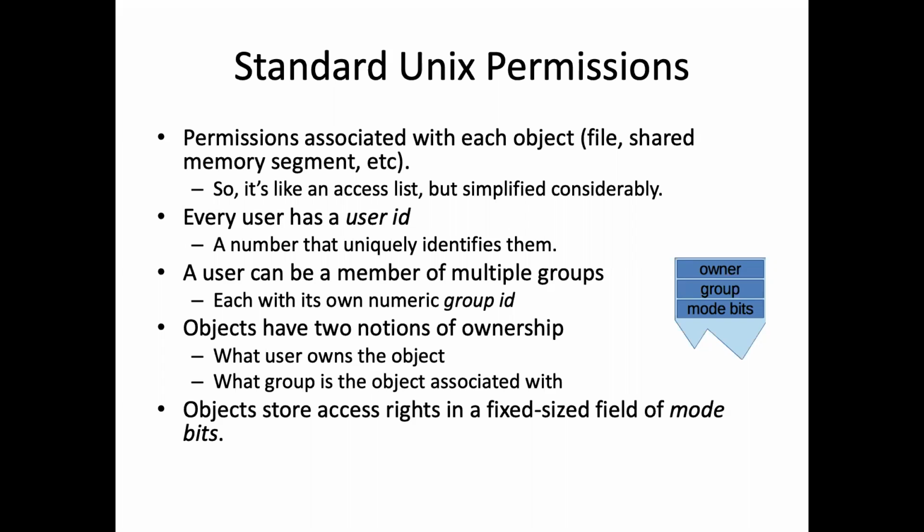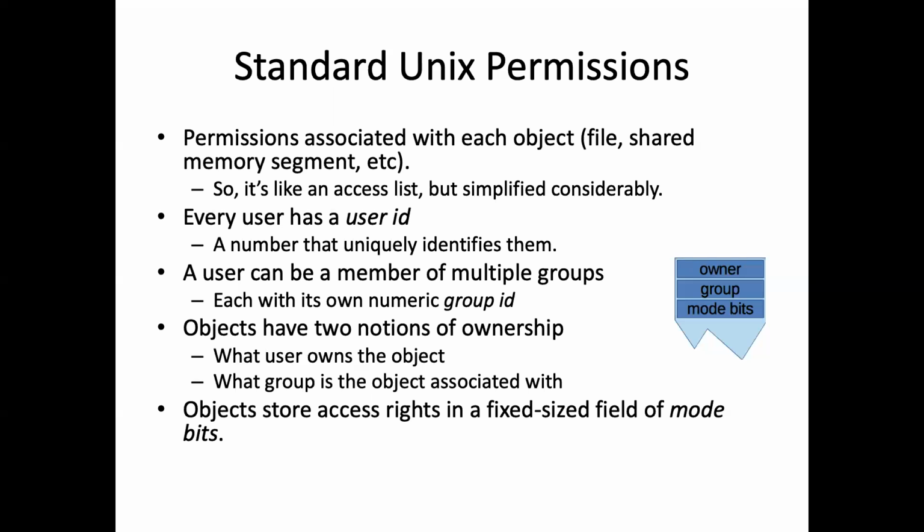Every file, and we've kind of seen this on other examples we've used, every shared memory segment you create, every named semaphore you create, gets stamped with a small amount of permission information that I've shown over here on the right.